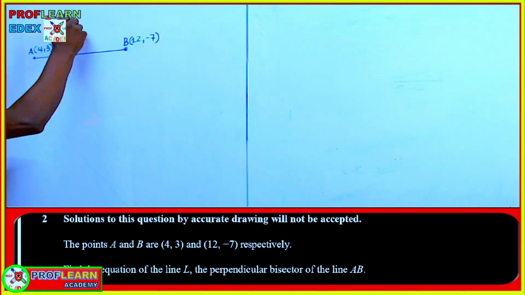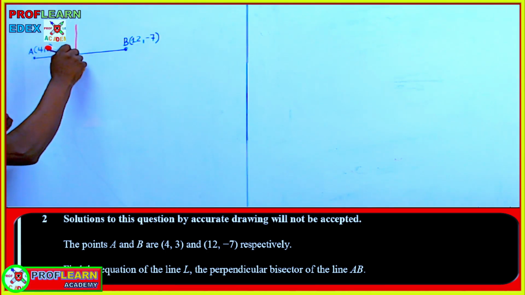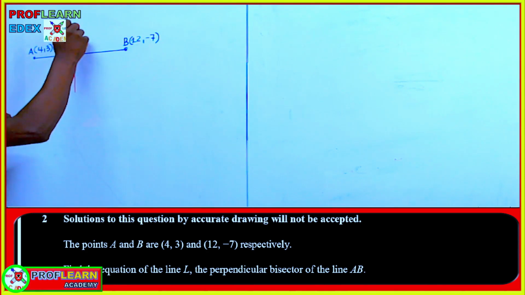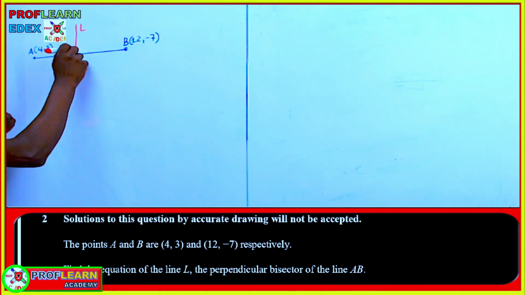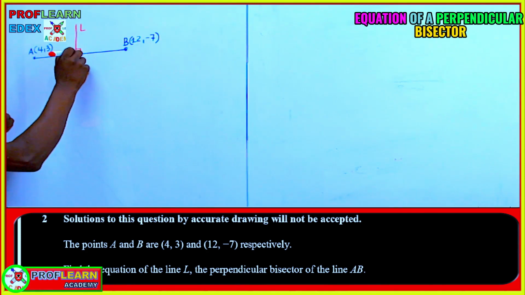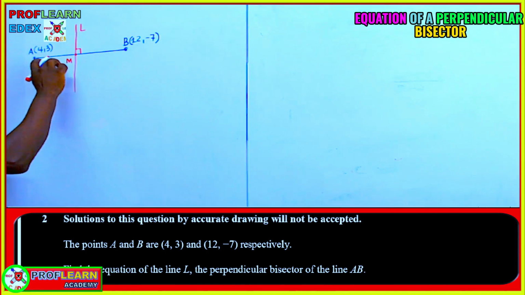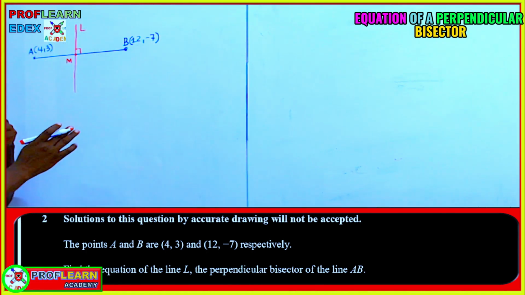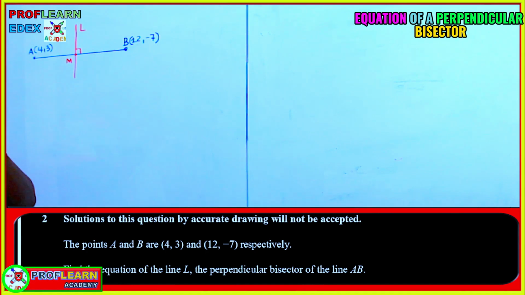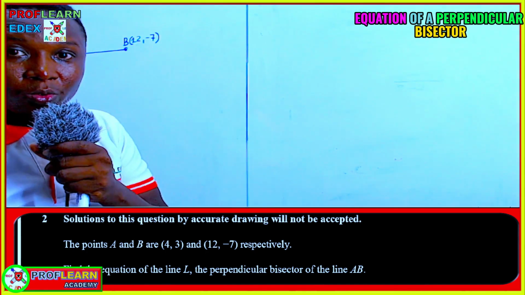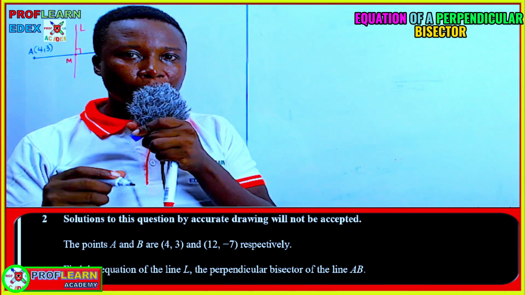This midpoint M is a point where line L is going to pass, at 90 degrees because this line is perpendicular to this line. So the first thing we need to do is work out the midpoint M.